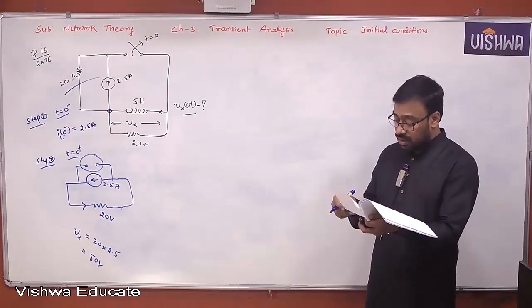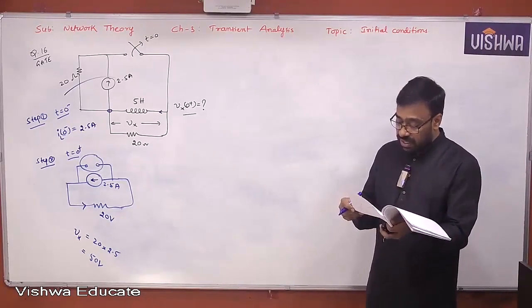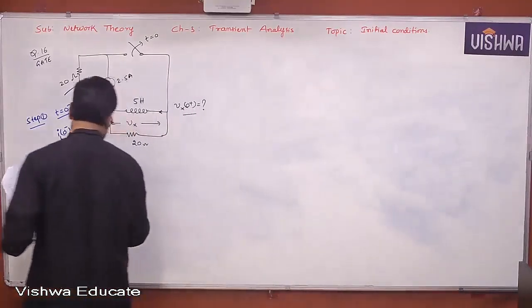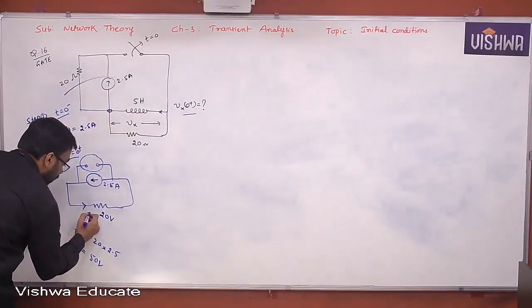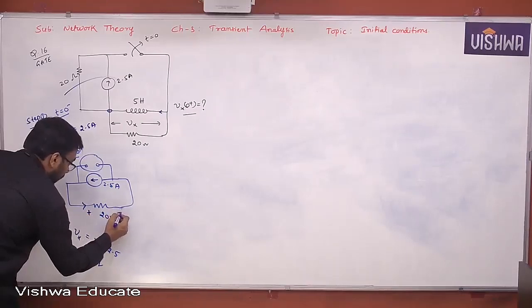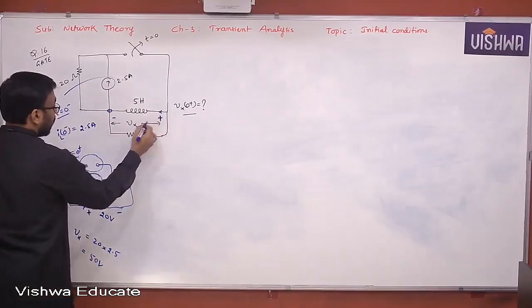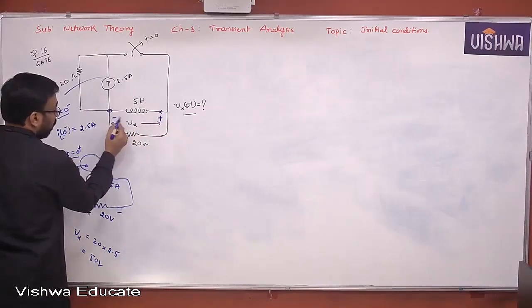You got two options: one is 50 volt, the other is minus 50 volt. Because in the problem, he has mentioned clearly the polarities. The actual polarities you are getting are plus minus, but he is asking with minus plus polarities. In the circuit, the polarities are given as minus plus.